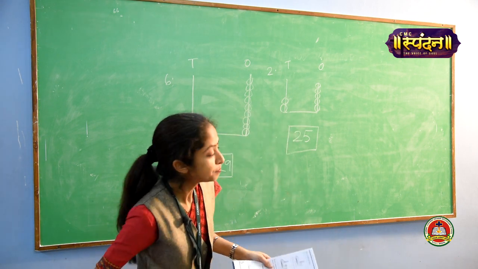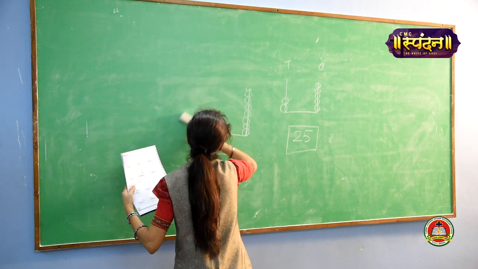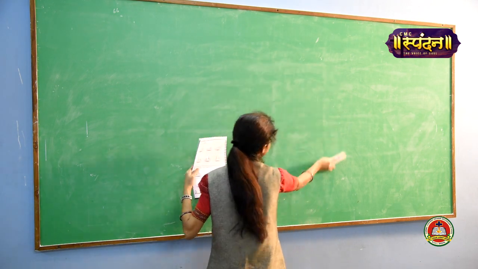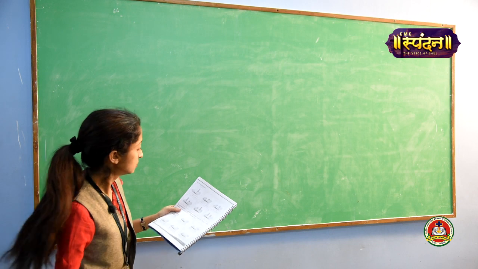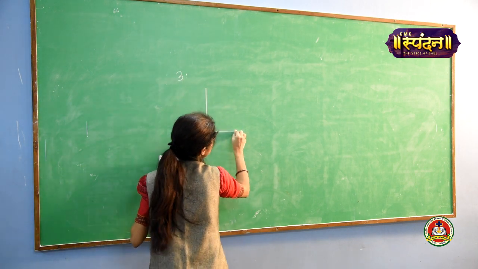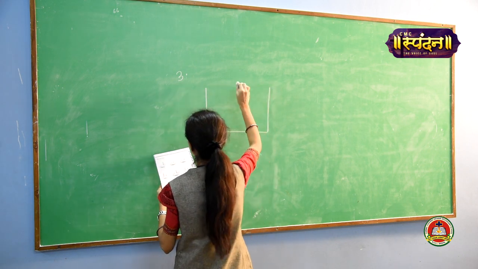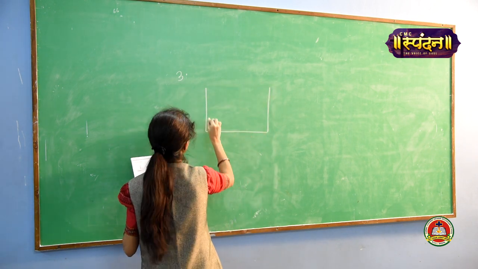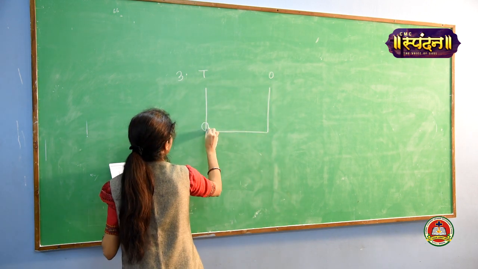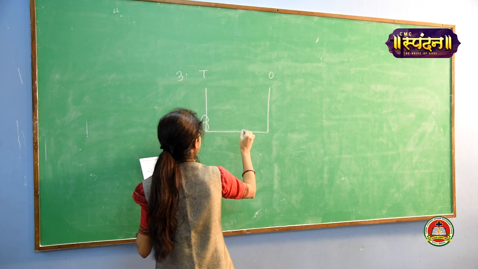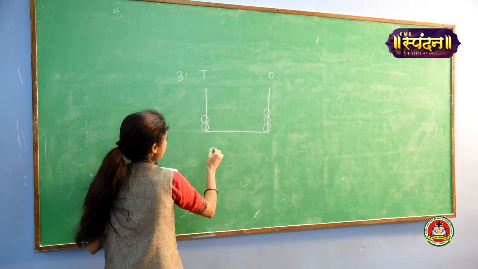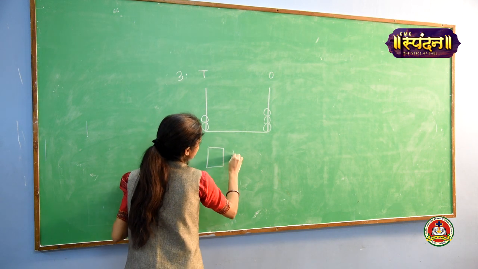Now number 3, they have given us, this is tens and this is ones, so it is 1 and 2, and here it is 1, 2, 3. Okay. Now here 2 boxes are given.